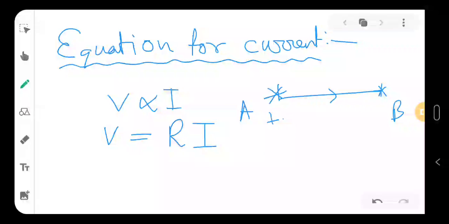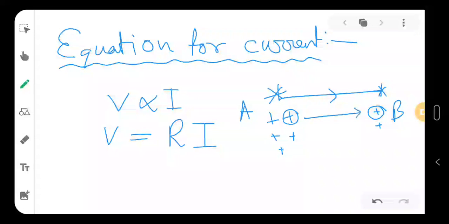If here more ions are there and here fewer ions are there, then for each ion more energy is required here, but less energy is required there.